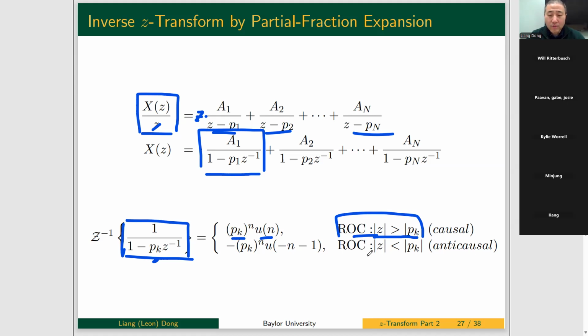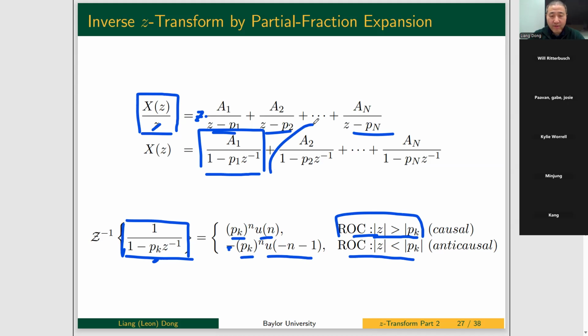If it's anti-causal, then I have a region of convergence which is the interior of this circle. It's a disk. And then you have this root multiplied by the anti-causal unit step function, which is minus. Don't forget this minus u[-n-1]. Right? So this is easily done doing this inverse transform.